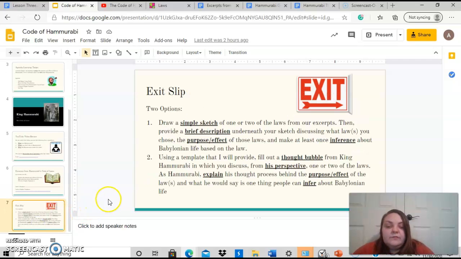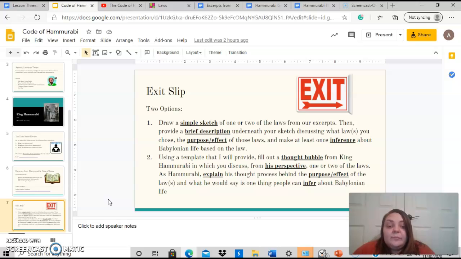And then finally, we would finish up with an exit slip for students to practice this new knowledge that they have about the Code of Hammurabi. They will have 2 options. The first option is to draw a simple sketch of 1 or 2 of the laws from the excerpts that I gave them.